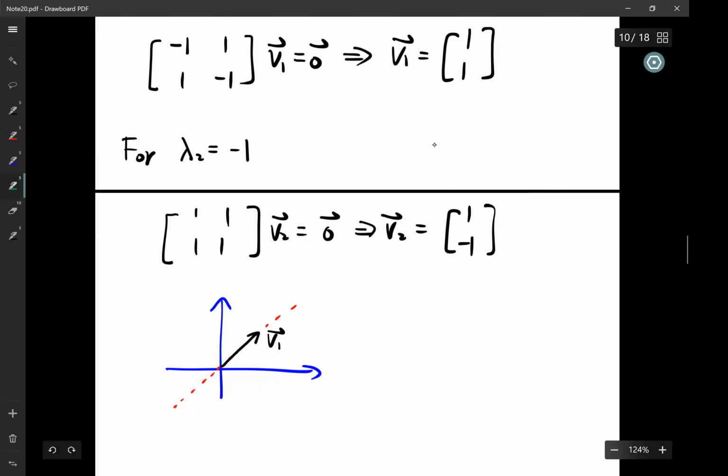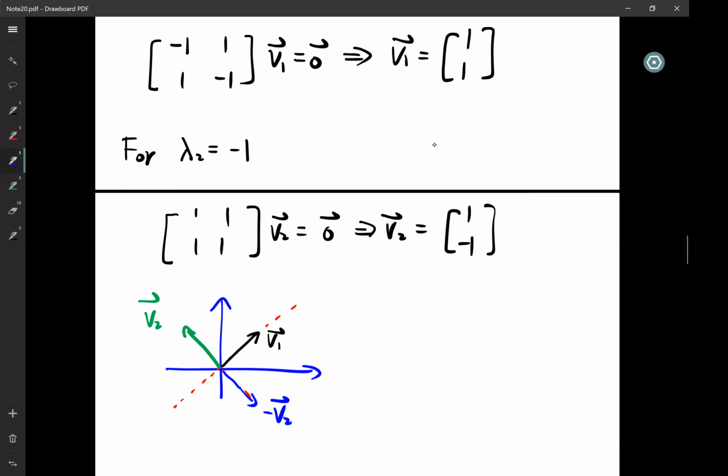On the other hand, I have this V2 that's also special because after reflection, maybe I should use a different color, after reflection this becomes minus V2. This is exactly this.